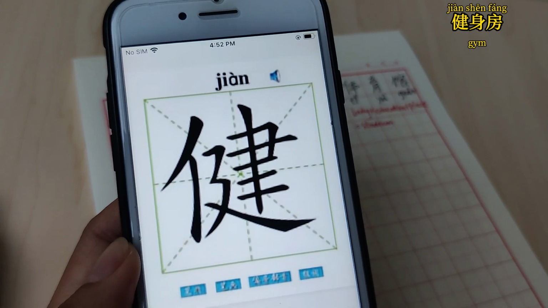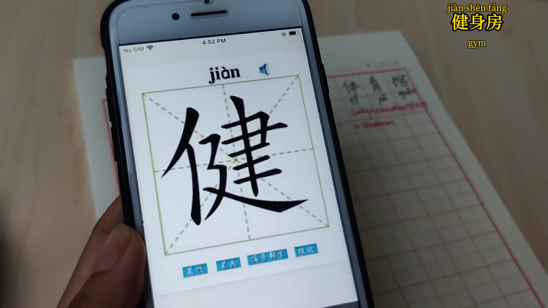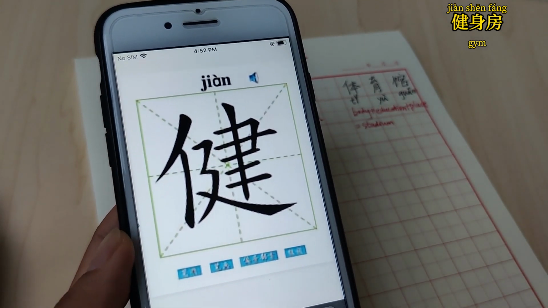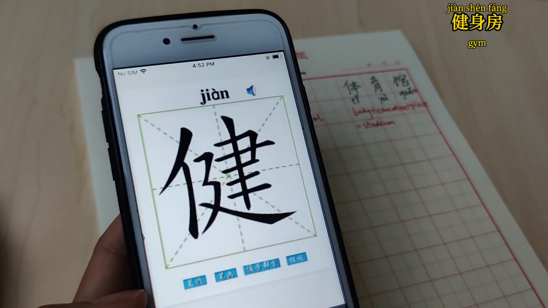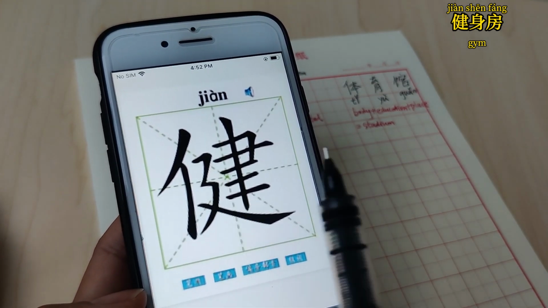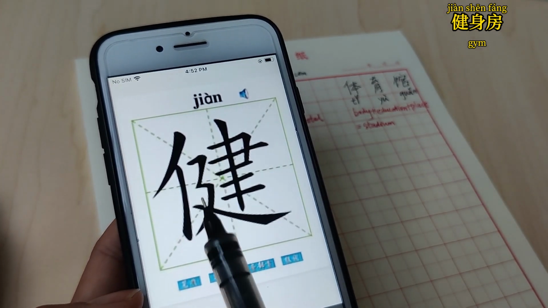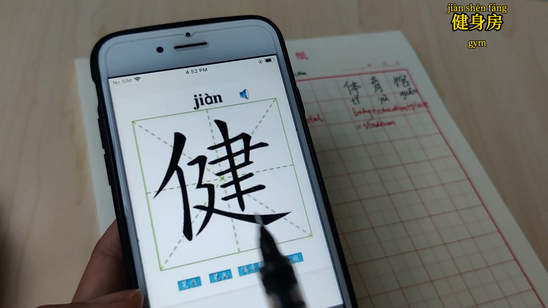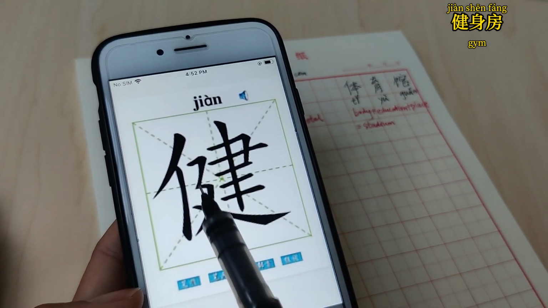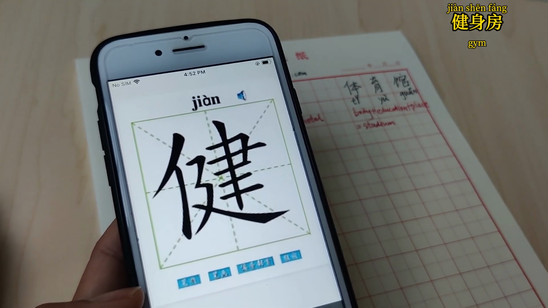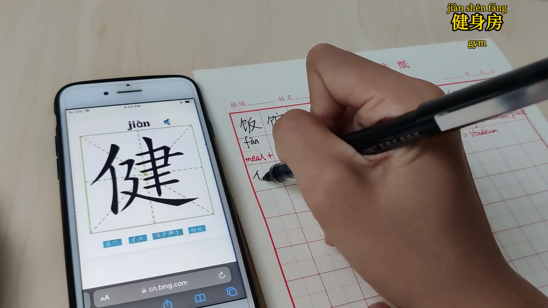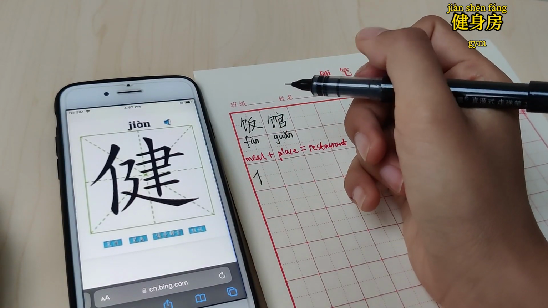And this is how we write the 健. I know it looks complicated, but don't freak out. We have a left-right structure, and on the right side, this is the half surround structure. 1, 2. It's a body radical.